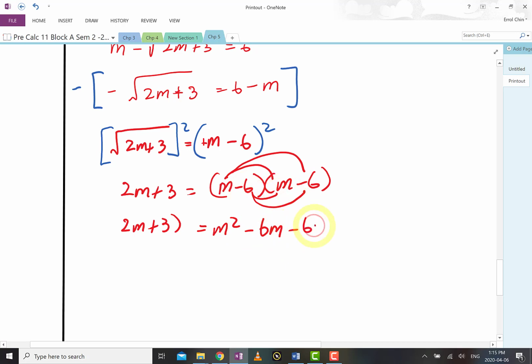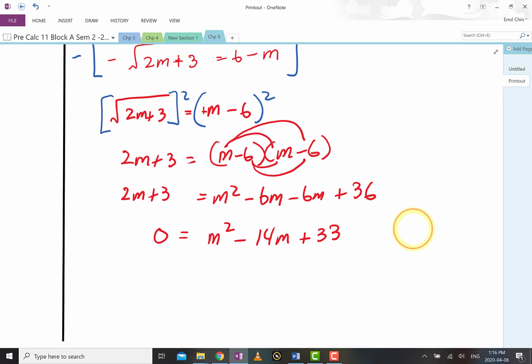Negative 6 times m is negative 6m, and then a positive 36. I don't know why there's a bracket there, so let me just get rid of that. I'm going to set everything equal to 0, moving the 2m plus 3 from the left-hand side over to the right-hand side, and I'm going to collect all the like terms. So m squared minus, here's negative 12m, and then if I move the 2m to the other side, that becomes negative as well, so it's negative 14m. I have a positive 3. If I move it over to the other side, it becomes negative 3, so it becomes positive 33.